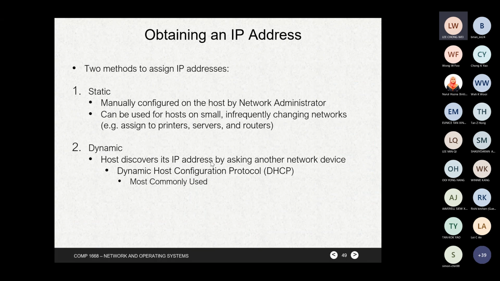Obtaining an IP address, which you guys are quite familiar with, either we can have static or dynamic. It's up to the administrator of the local area network to decide whether you want to go for a manual, static configuration, or dynamic based on DHCP.